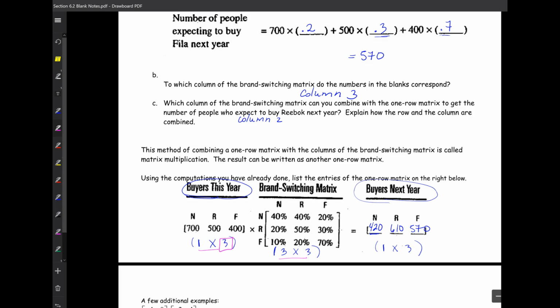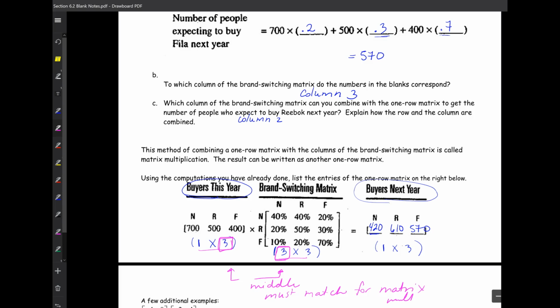The columns have to match up with the rows of the second matrix, because we're essentially taking that row and lining it up with the columns. So we need to make sure that those two middle numbers match. So we can go ahead and make a note here: the middle must match in order for matrix multiplication to occur.